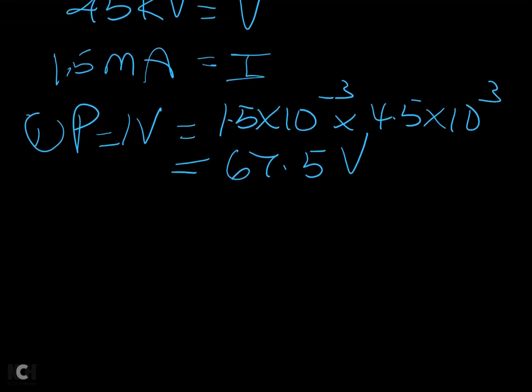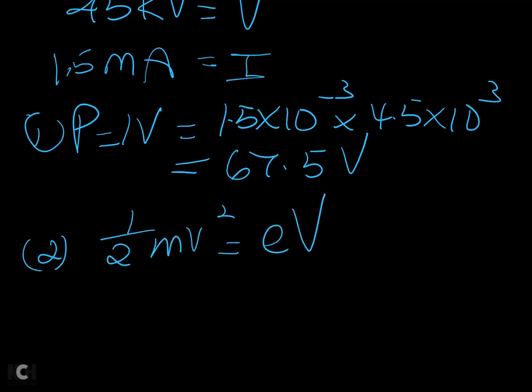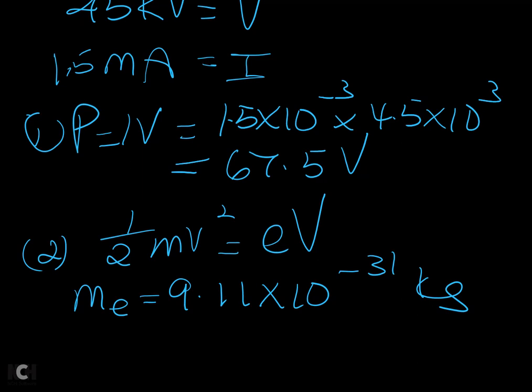Now, if you are told that you want to get the speed of electrons when they hit the target, then you're probably saying, alright, if they tell you to get the speed, then you could use the formula a half mv squared is equal to eV. Now remember, the mass of an electron is normally given in your constants, 9.11 by 10 to the minus 31, and e is the charge on an electron, which is 1.6 by 10 to the minus 19 coulombs, right?